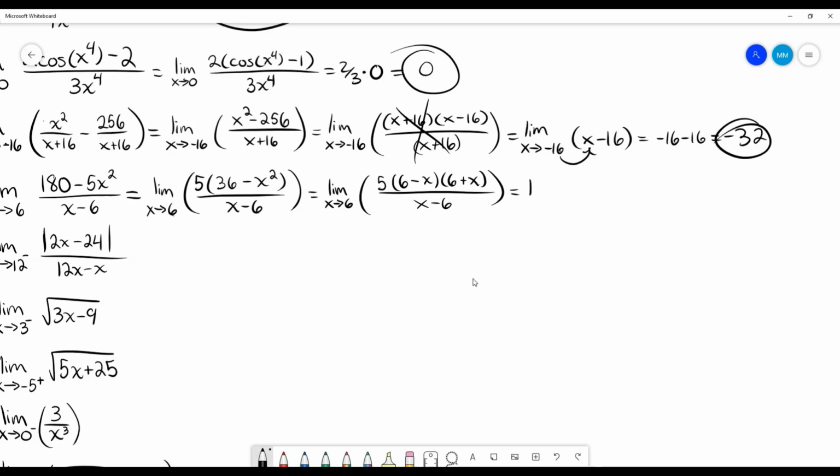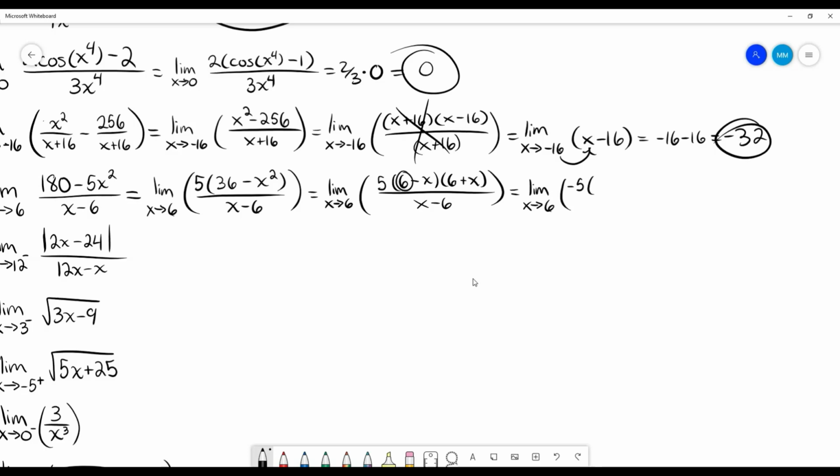And so now I'm going to factor out a negative, so I'll put it in front of my 5. I'm factoring out a negative, which is going to turn, oh wait, does that work? Yes.